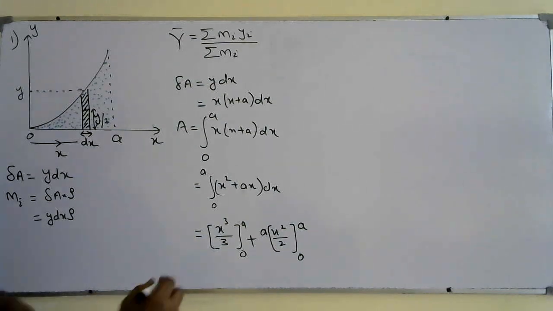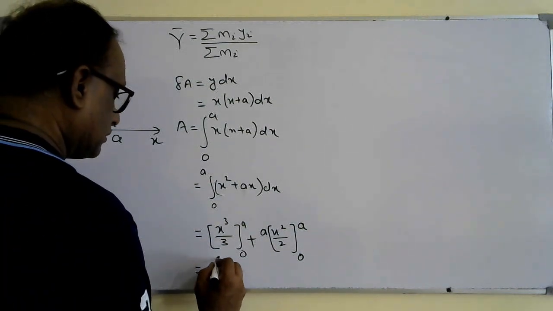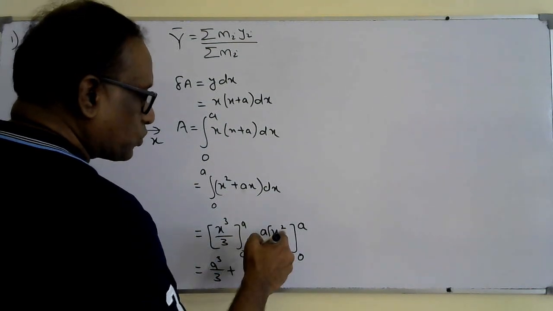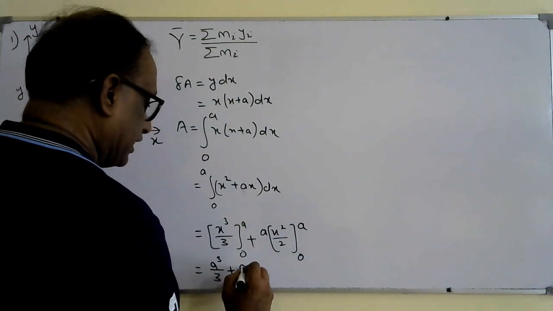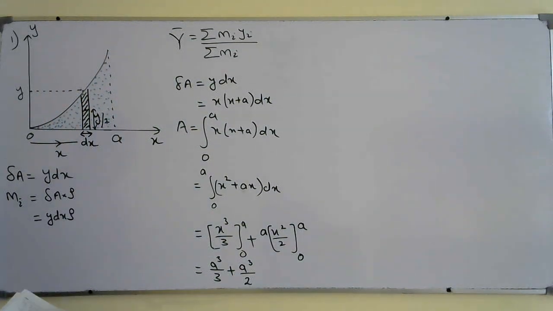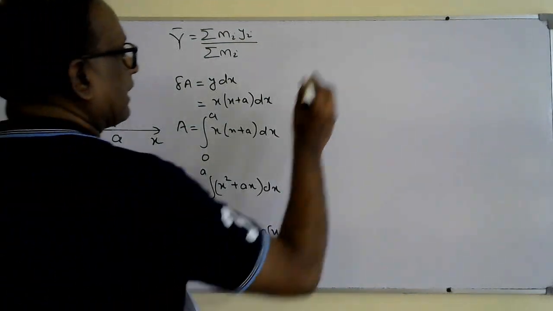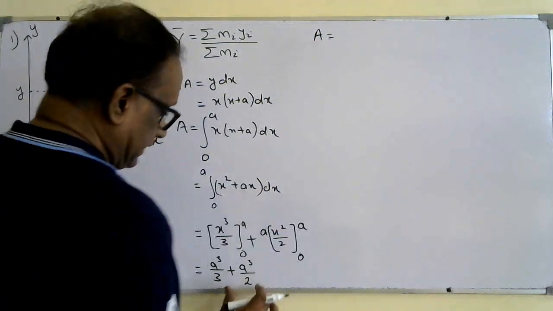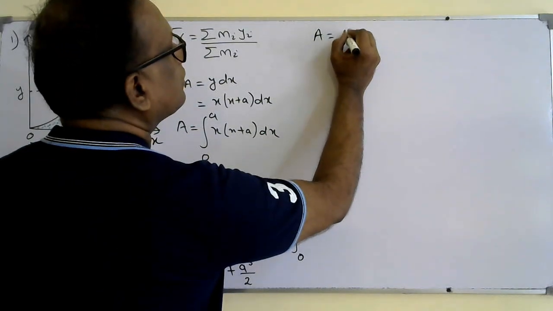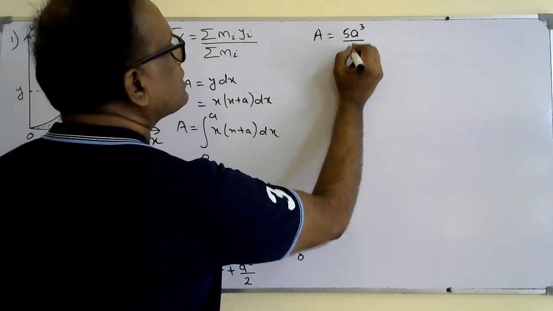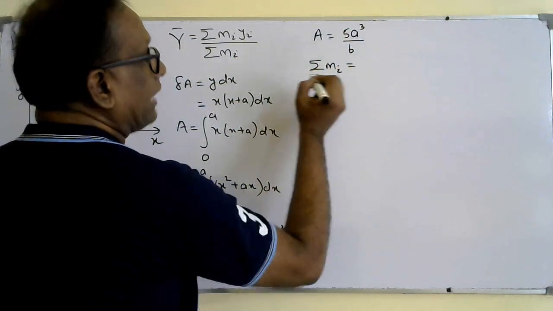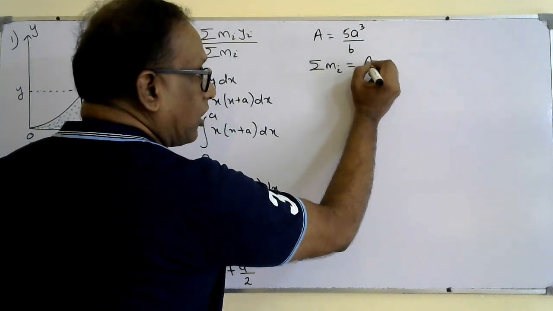So it's going to be a cubed by 3 minus 0 plus a squared by 2 into a cubed by 2. Okay, so finally the surface area, take LCM 6, is going to be 5a cubed over 6.